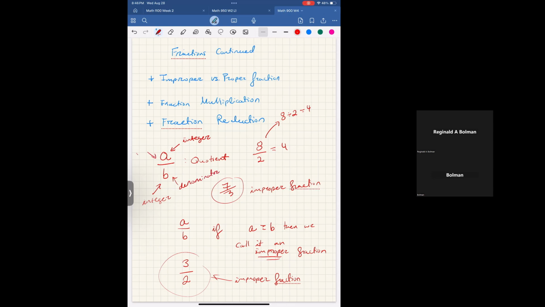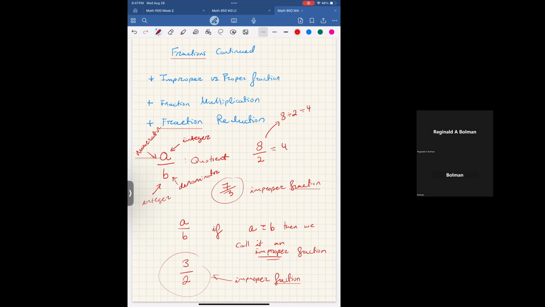If the numerator is greater than or equal to the denominator, we will call that an improper fraction, because the fraction itself will divide out and you'll have some sort of a whole component part of the fraction. We'll talk about what to do with that whole component next week. But for now, we'll just introduce this idea that it is, in fact, an improper fraction.